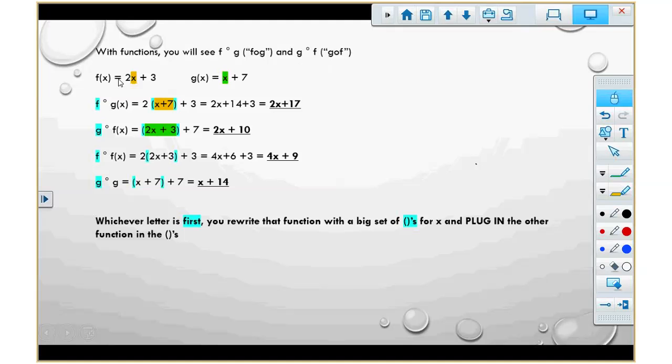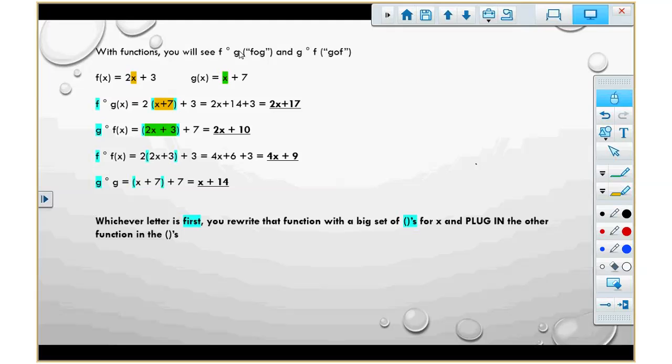They give you f of x. When you see f composed of g, it means that you're going to rewrite f. And wherever there's an x, you're going to put a big set of parentheses. Okay? And if it says f composed of g, you're going to say f. Okay? I'm going to rewrite f with a big set of parentheses.